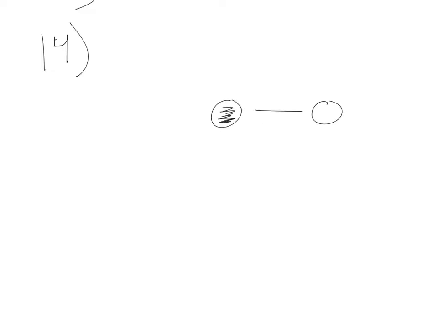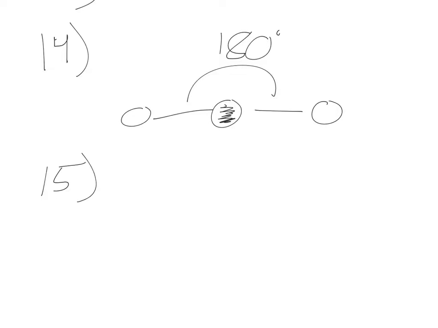In order for this to be symmetrical, I have to draw the other bond exactly mirroring the first one. So that angle has to be 180 degrees. And we're also assuming no lone pairs, because if there were lone pairs, they could push that bond angle around. So this is a linear molecule, which would be nonpolar in that situation.